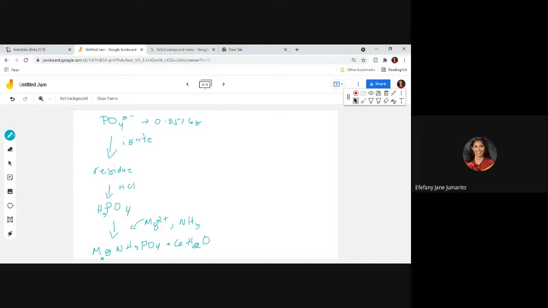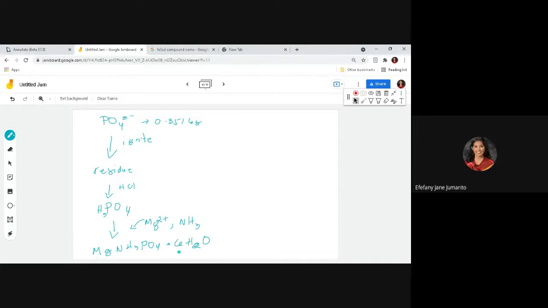Assignment. What's the name of this compound? Magnesium ammonium phosphate. Then what's next? Water, hexa.